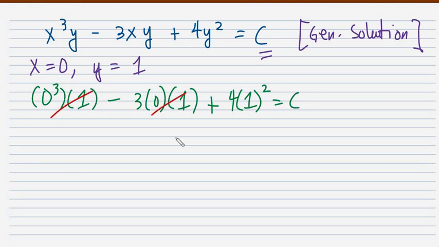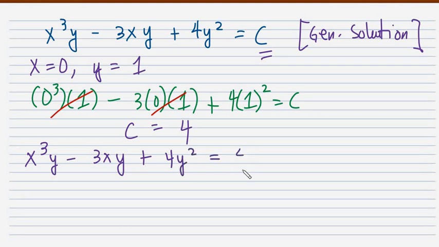So the first 2 terms cancel out, and c is simply equal to 4. Okay, so substitute. We have x cubed y minus 3xy plus 4y squared is equal to 4.